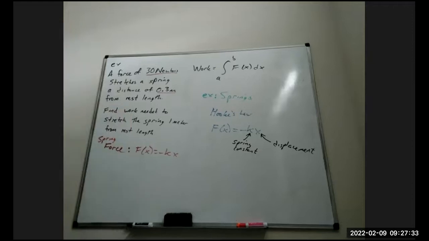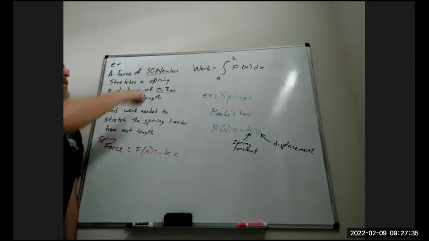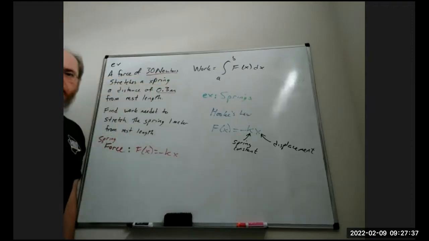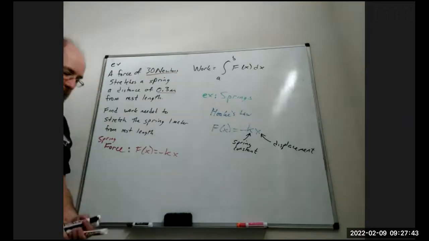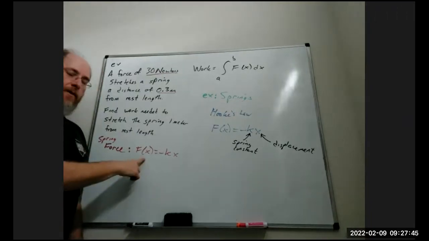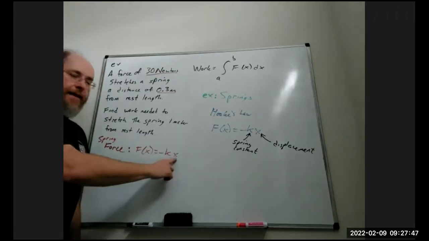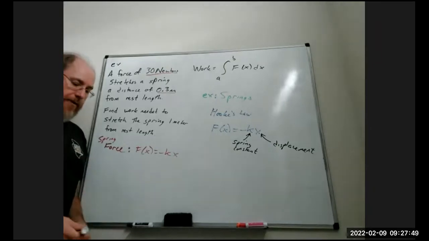So let's go with a force of 30 newtons that stretches the spring a distance of 0.3 meters. Well, what I just gave you was a force and a distance, a force and a displacement.